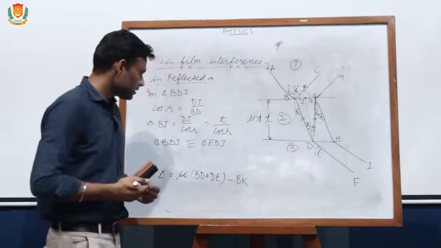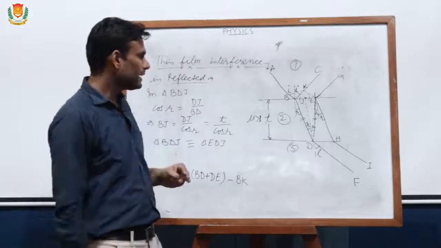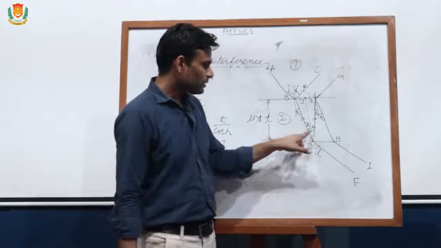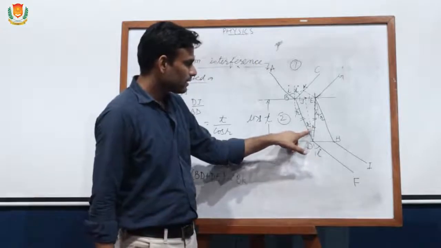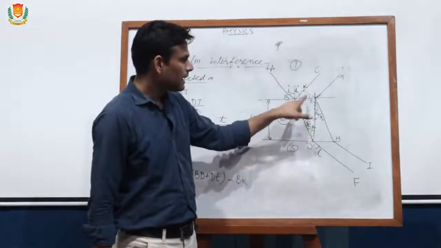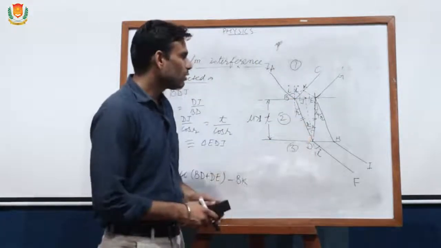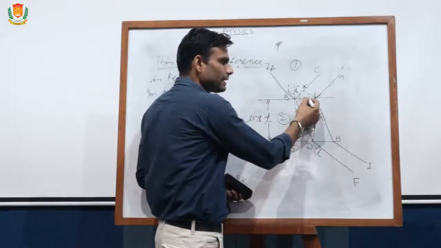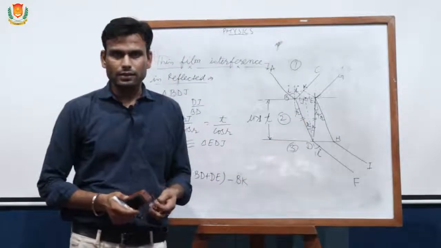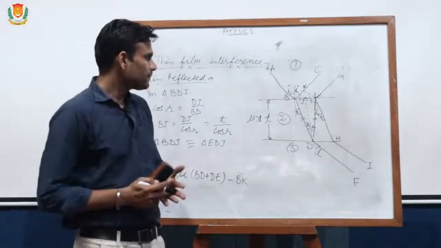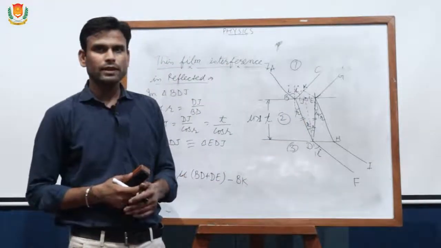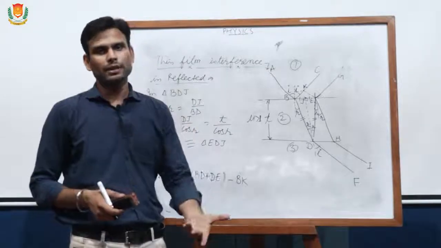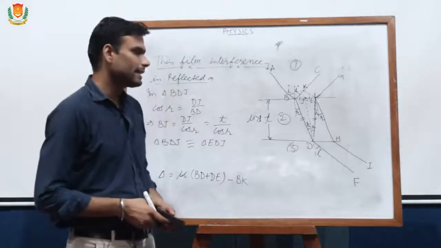When you know the condition of congruent triangles, minimum 3 parameters will be the same. Here this angle is equal to this angle, and this line is common in both the triangles. Also, this is the 90-degree angle in both the triangles. So 3 parameters are the same, then we can say that these triangles will be congruent, which means the rest of the 3 parameters will also be the same.